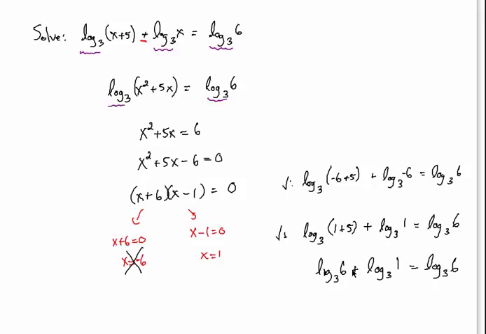And this does because when you add, you multiply. So 1 times 6 is going to be 6. So therefore, final answer is just going to be x equals 1, and not this negative 6. Again, because you cannot have negative arguments, and when you substitute back in, you see over here it does not work.